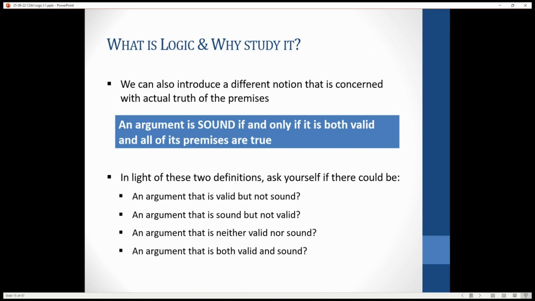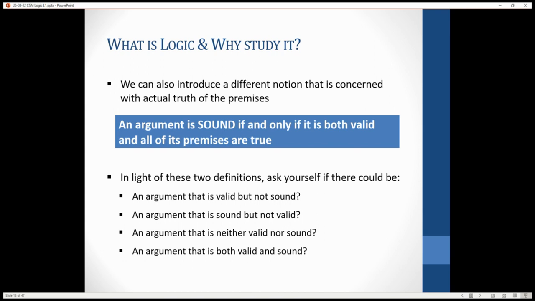It has to be true. Tell me why. Because it is impossible for the premises to be true and the conclusion to be false, and the premises are true. Bingo, right? We just take our two definitions together. It's valid, which means it's impossible for premises to be true and conclusion false. And because of the definition of soundness, we know its premises are true. Ergo, true conclusion.